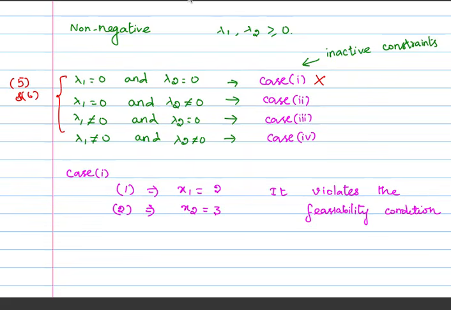Now I am going for case 2. Lambda 1 equal to 0 and lambda 2 is not equal to 0.